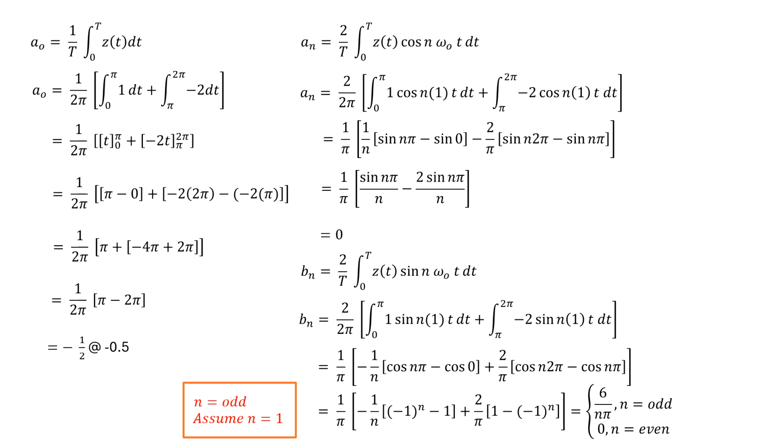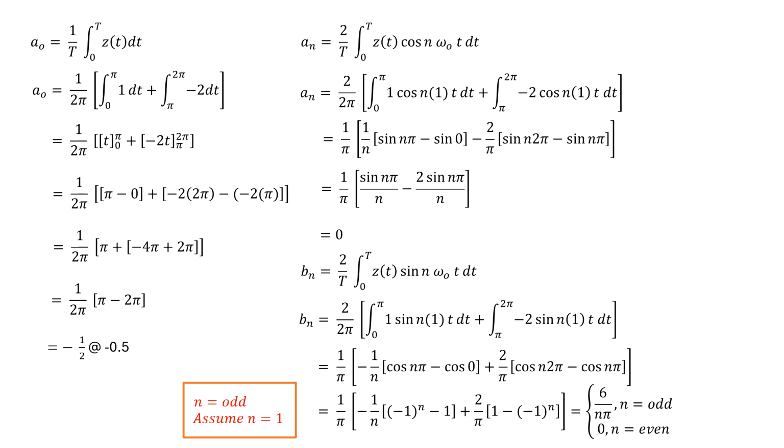Because this graph is an odd graph and not an even graph, when you want to solve for n, just assume n is an odd number. In this case, we assume n equals 1, and you get the answer 6 over n pi.